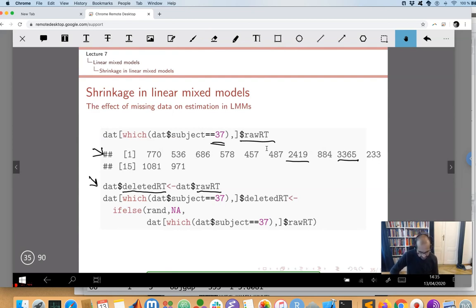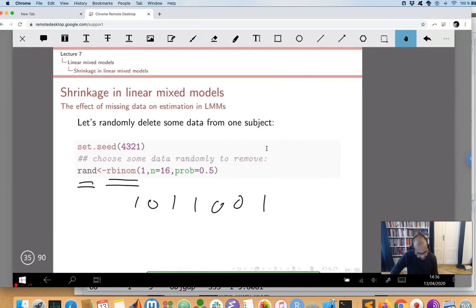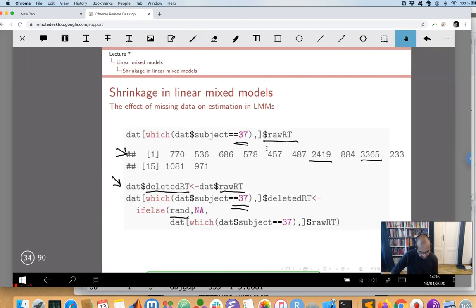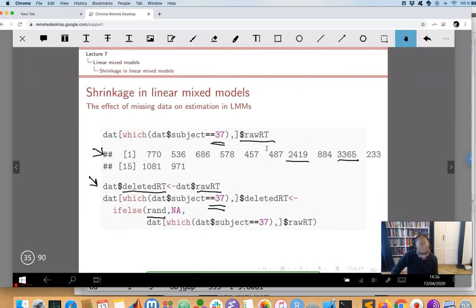And what I then did, just for subject 37 in the vector called deleted reading times, is that whenever the vector rand, remember this vector rand, has a value 1, I delete the data. So whenever the value is 1, I put an NA instead of the reading time. I just remove the reading time and put an NA in there. Otherwise, I put the actual observed reading time of that subject.